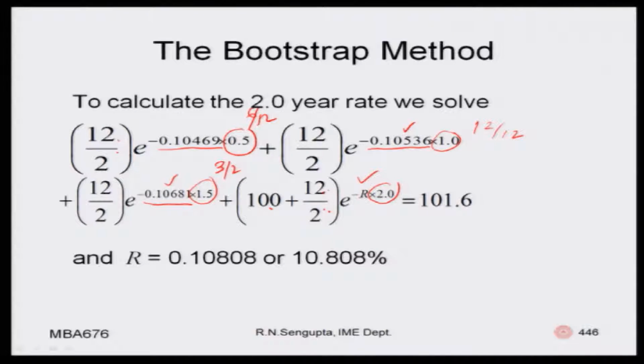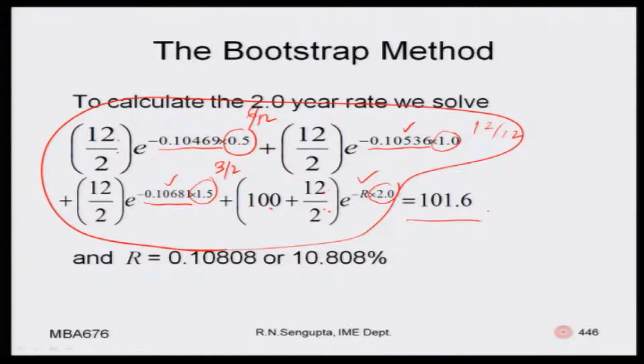You equate every value which you have done on the left hand side onto the right hand side. What is the value? That is basically the demand and supply value which is already noted in the last column of the table, which is 101.6. Utilizing that, you find out the interest rate, 10.808.